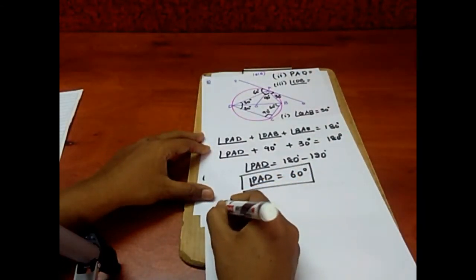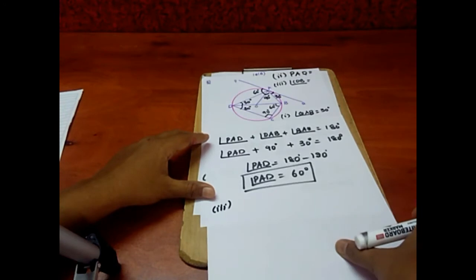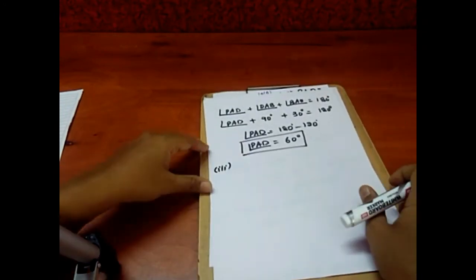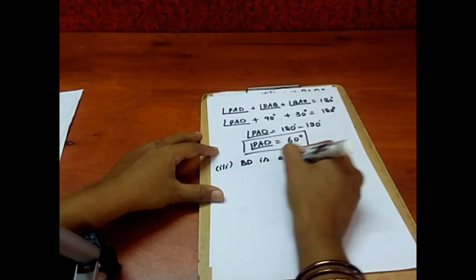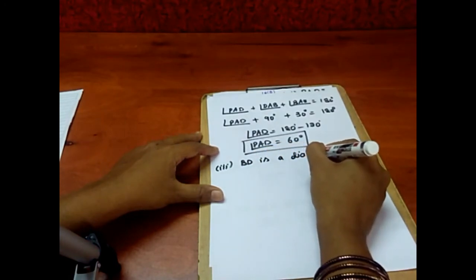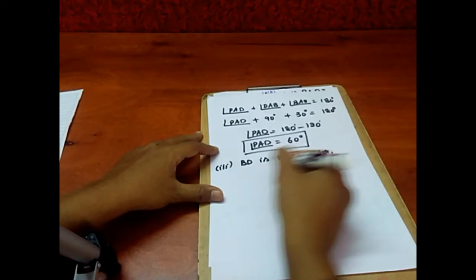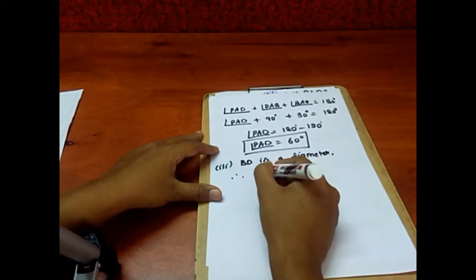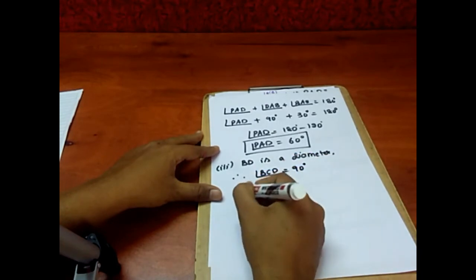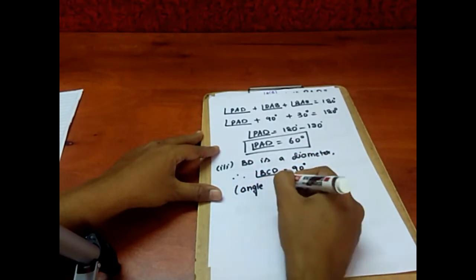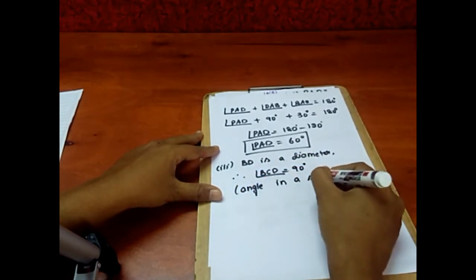Sub question 3. BD is a diameter. Therefore, angle BCD is equal to 90 degrees, bracket, angle in a semicircle.